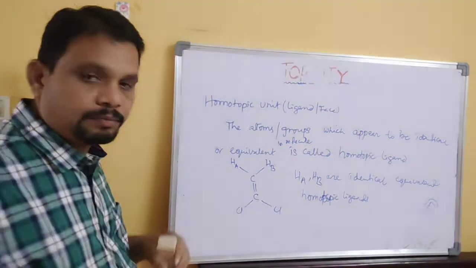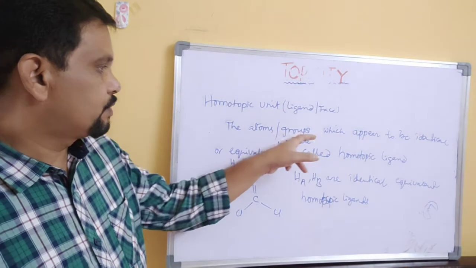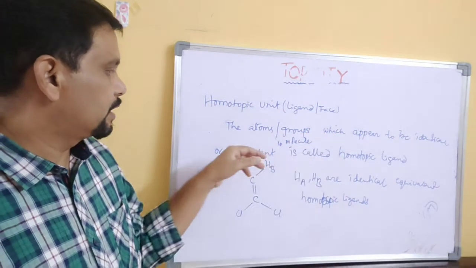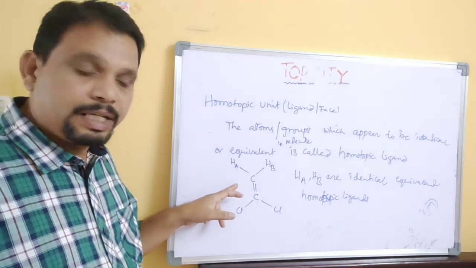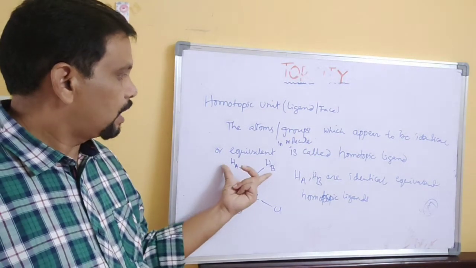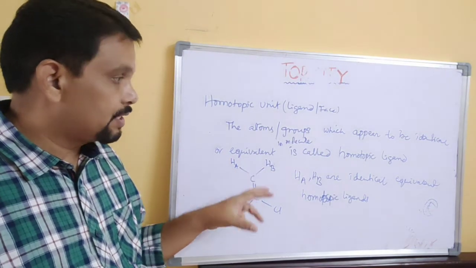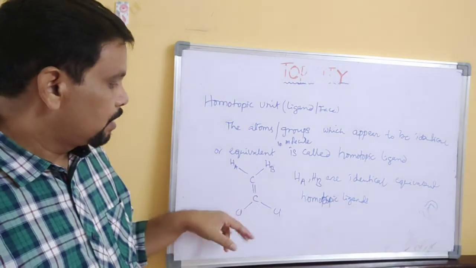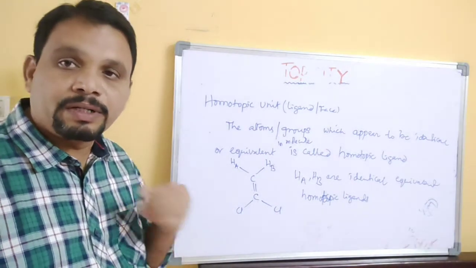So here the atoms or groups appear to be identical or equivalent. In this alkene, HA and HB, both the atoms are identical because both the other substituents are chlorines.